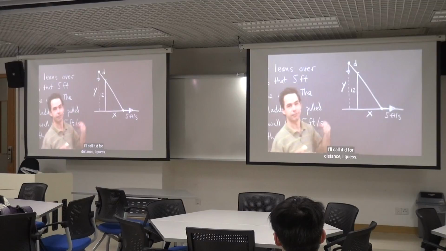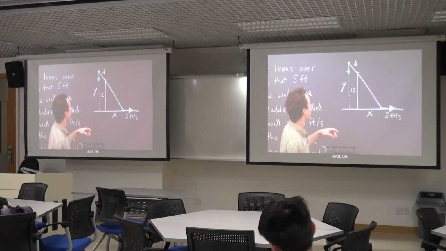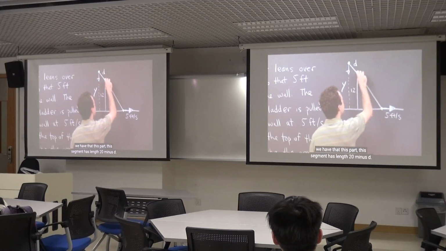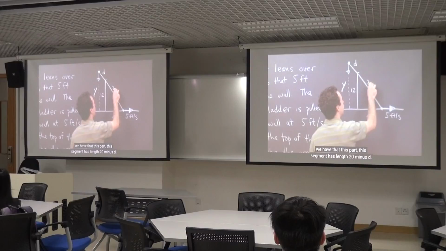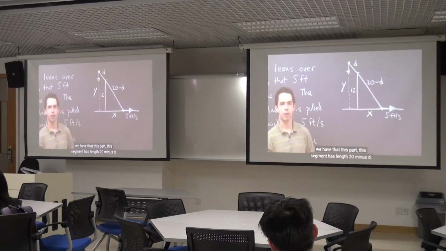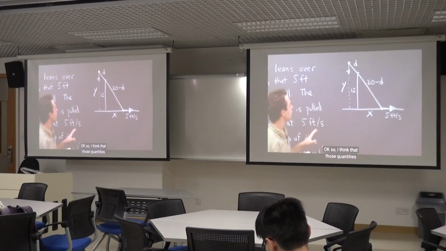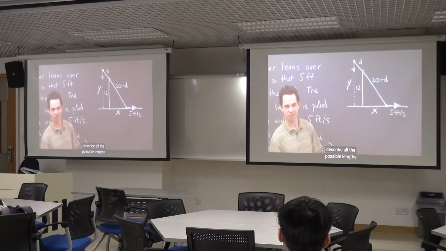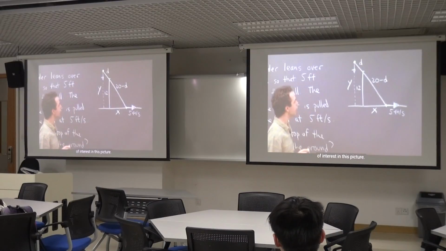I'll call it d, or distance. Because the whole ladder has length 20, this segment has length 20 minus d. I think those quantities describe all the possible lengths of interest in this picture.